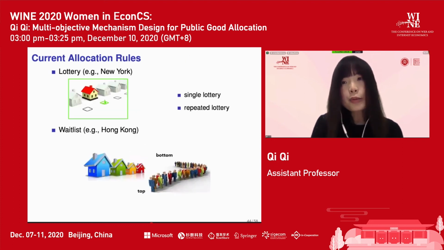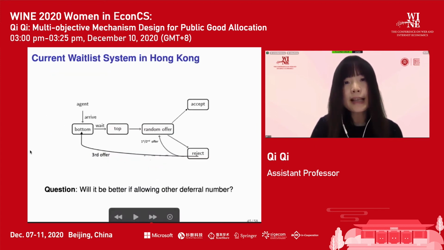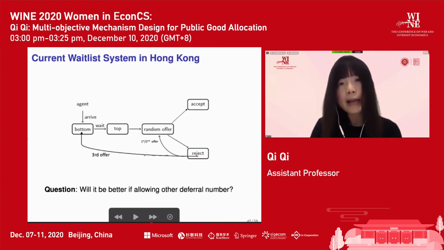We actually have the result that the lottery is equivalent to the waitlist. That's why in our work we only focus on the waitlist mechanism. The waitlist mechanism is just like a queue, where everyone comes in a queue. From the bottom to the top, when a person comes to the top, we give her a random offer. She can choose to accept it and get the public house, or reject it.